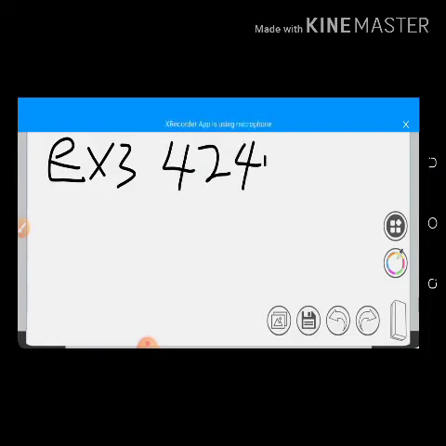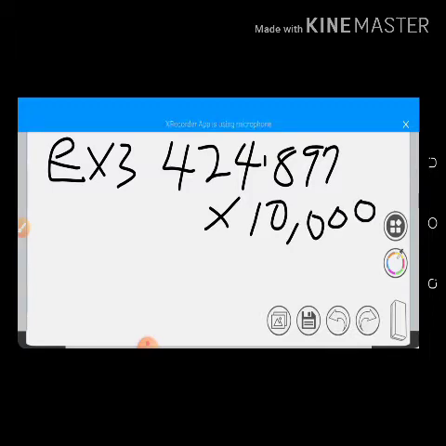Multiplying decimals by tens. Let's take our third example. Example 3. Let's say 424.897 times 10,000. 10,000 has how many zeros? 1, 2, 3, 4. Where's our decimal? Our decimal is here.